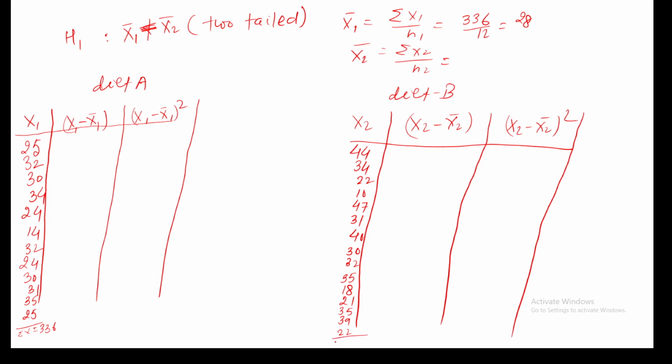How much will it give? Sigma x is equal to 450. Is it correct?